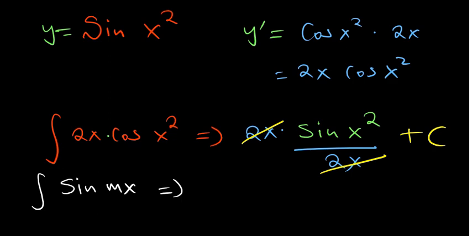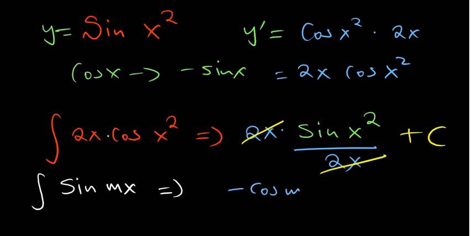Now we know that the derivative of cosine is negative sine. So if we are to integrate a positive sine, it's like we're reversing. We expect that it's going to be a negative cosine.